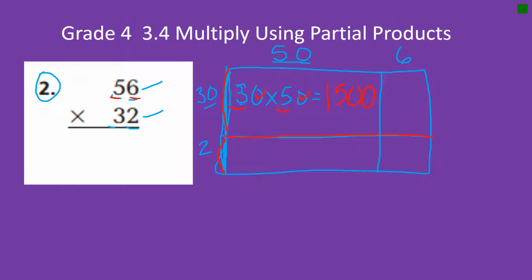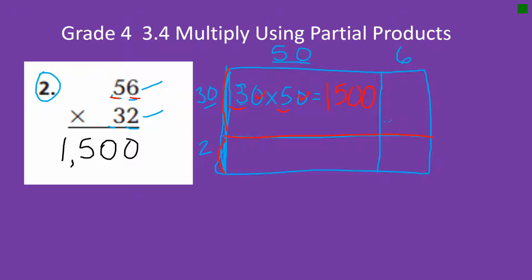So the first partial product is 1,500. We're going to have a list right here under the problem.